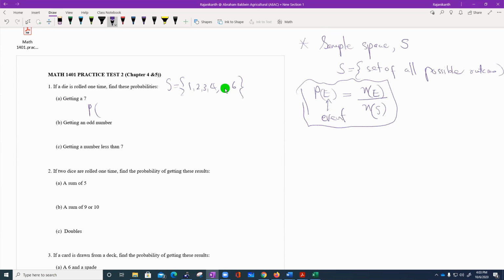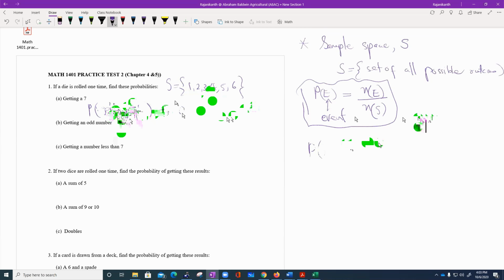So the probability of getting 7 is what? I don't see any number 7, right, in my sample space. So if you do not see anything from your sample space, the probability is always going to be 0. Okay. So in other words, the probability of any impossible event is always going to be 0.